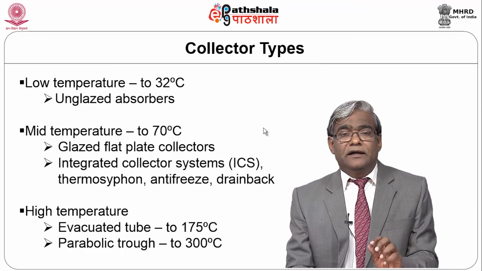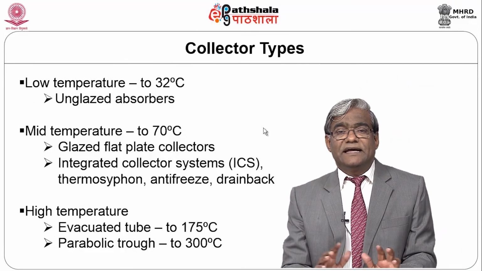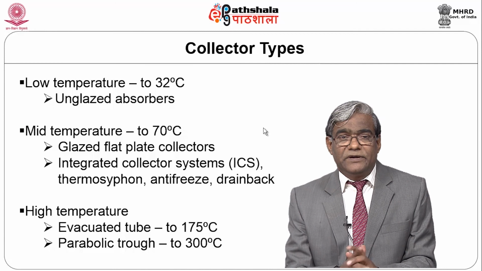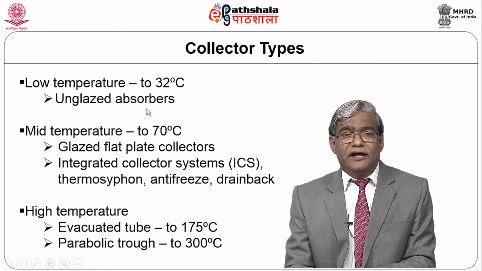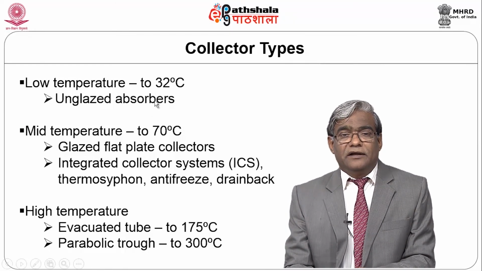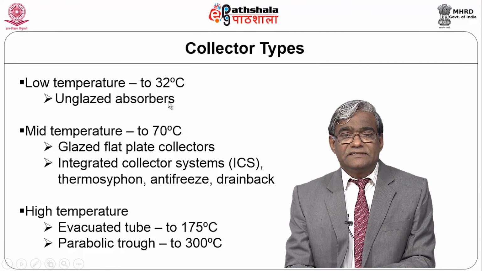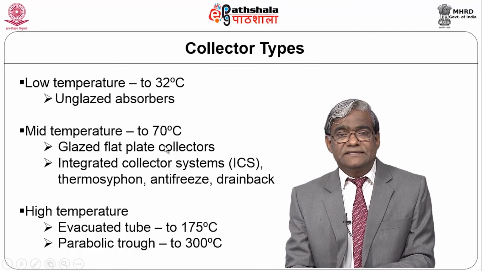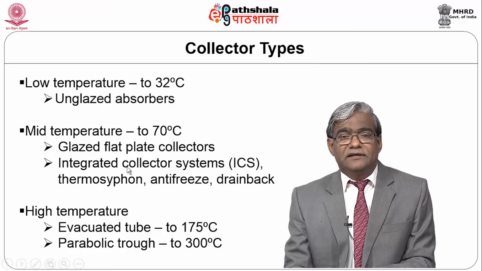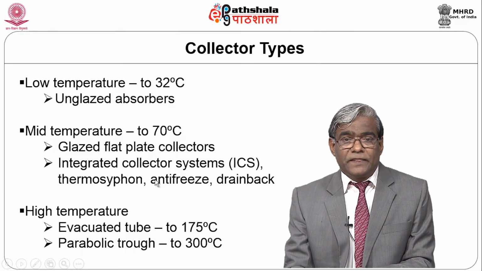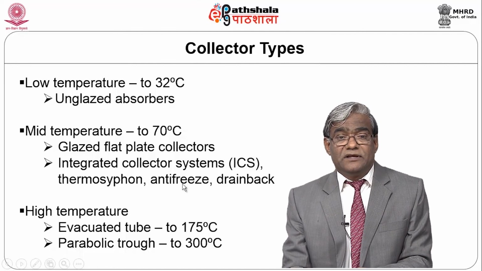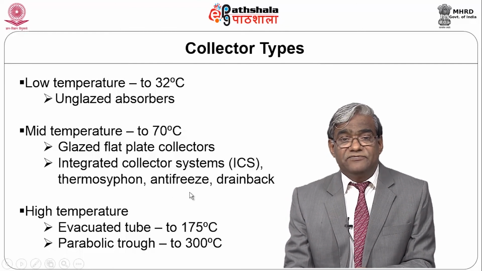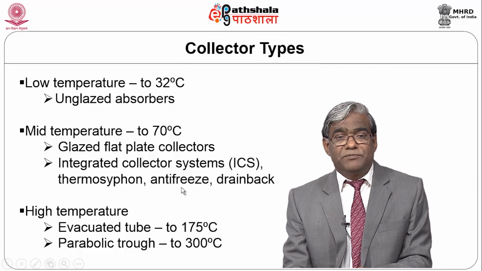And these are the various collectors. For example, for low temperature, maybe up to 32 degrees Celsius, unglazed absorbers can be utilized. If you want a medium temperature up to 70 degrees Celsius, then glazed flat plate collectors can be used, and integrated collector systems, that is thermosiphon, antifreeze and drain back systems, can be utilized.